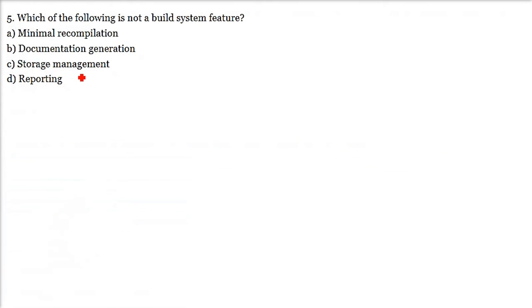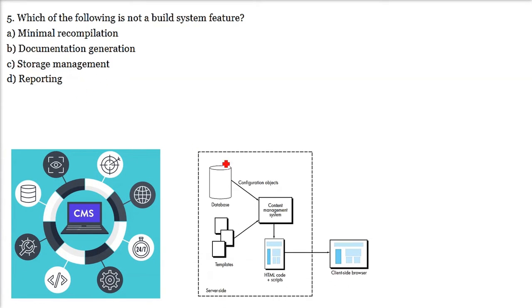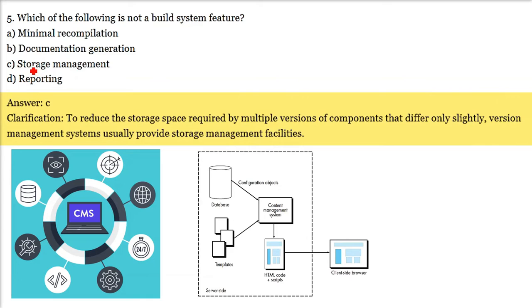Which of the following is not a build system feature? Okay, so the answer here is storage management. See, minimal recompilation, document generation and reporting are there, but we are talking about build system features.